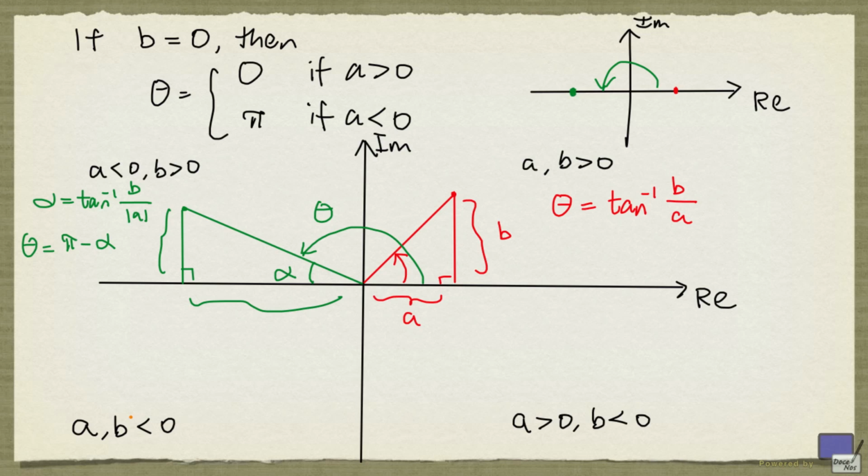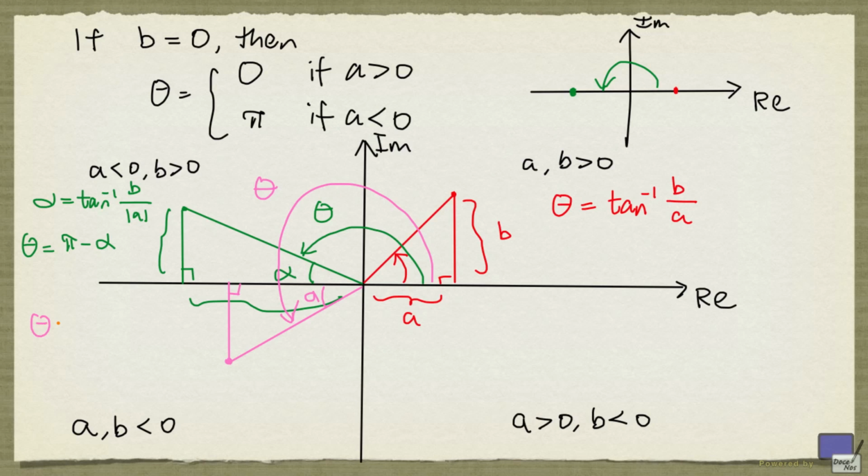Now, for this third case here, we do something similar. So my complex number is somewhere down here. And again, we form a right angle triangle. This time, theta, which is this angle here, is going to be pi plus alpha, pi being the angle for the semicircle.